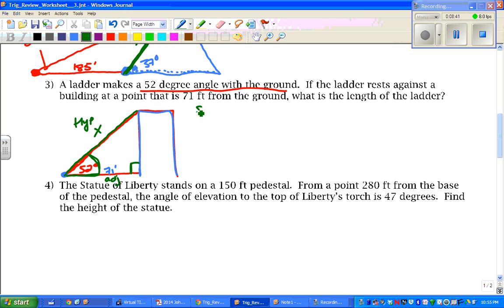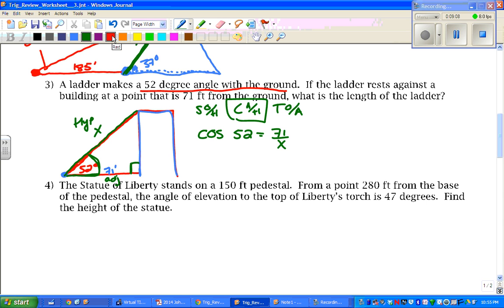Okay, well, because I have a right triangle, I'm going to be using SOHCAHTOA. And if I have adjacent and hypotenuse, that means I'm going to be using cosine. So, let's set this up. Cosine of my angle, which is 52, equals the adjacent, which is 71, over my hypotenuse, which is x.